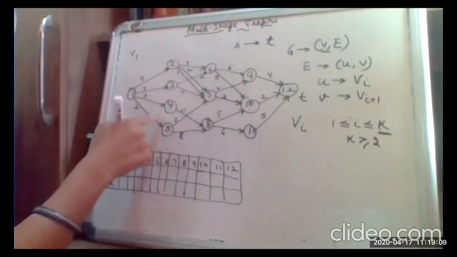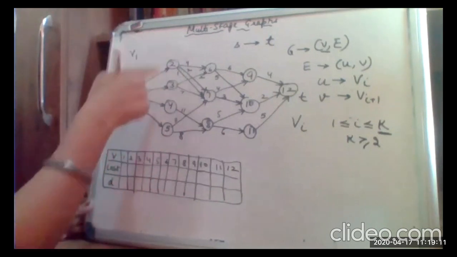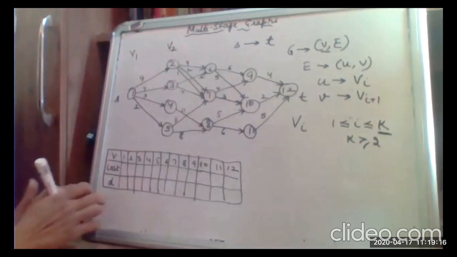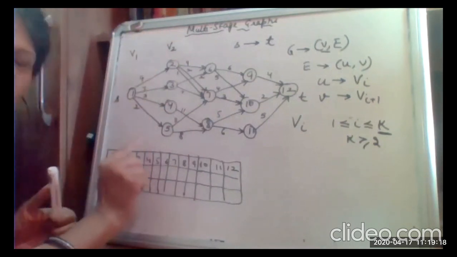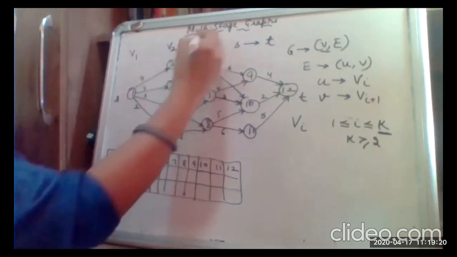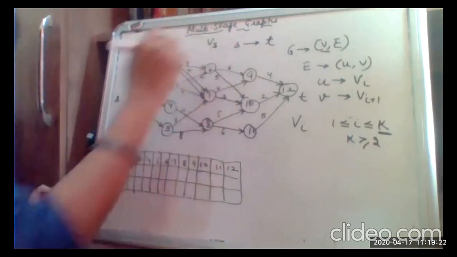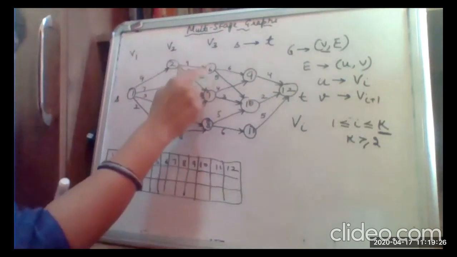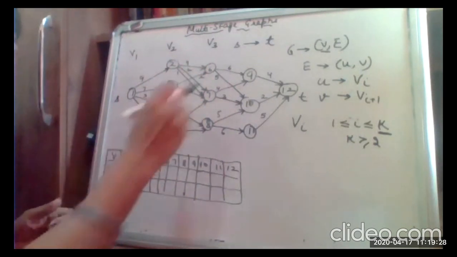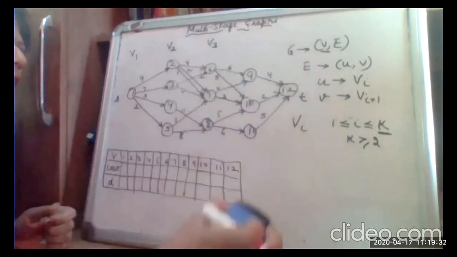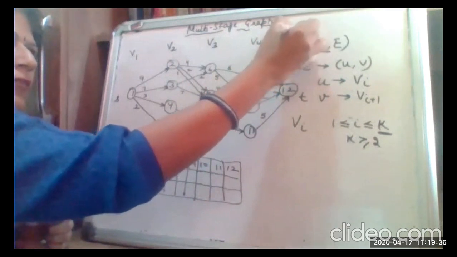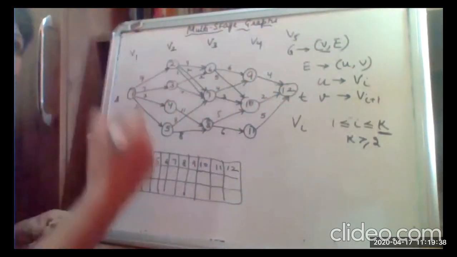Then vertices 2, 3, 4, 5, these 4 vertices, are part of the second disjoint set of vertices. Then you have V3, the third disjoint set. It has 3 vertices, 6, 7, 8. Similarly, you have V4 and V5.